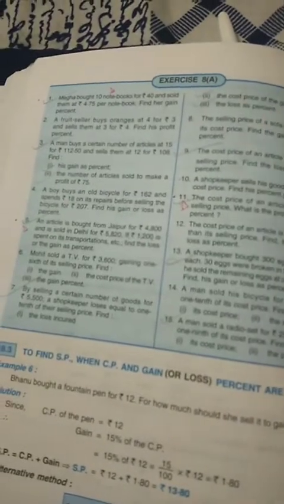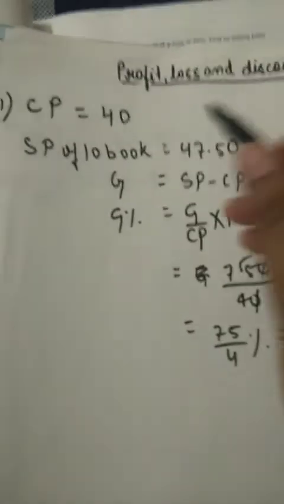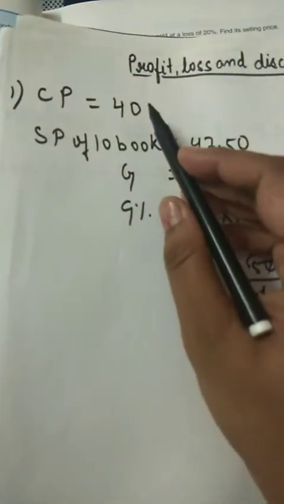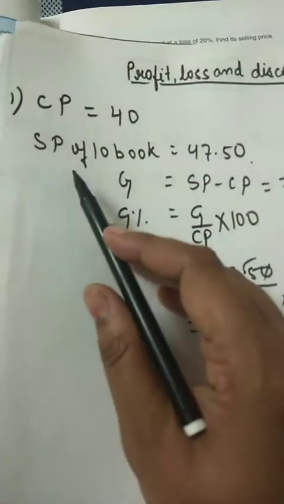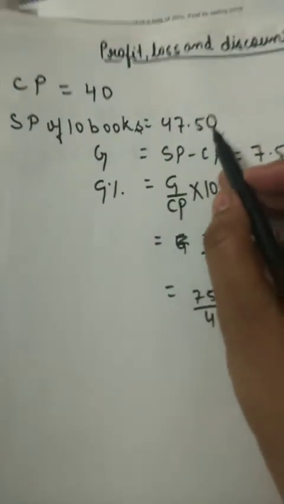So let's solve this. You can see, students, here the cost price of 10 notebooks is given as 40. Selling price of one book is given as 4.75, so for 10 books it will be equal to 47.50.